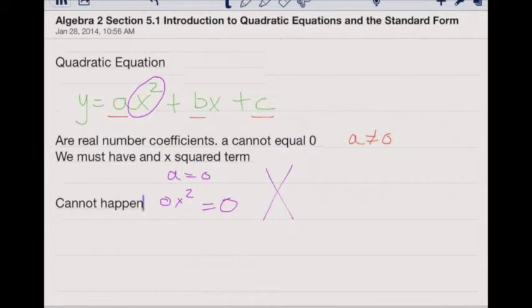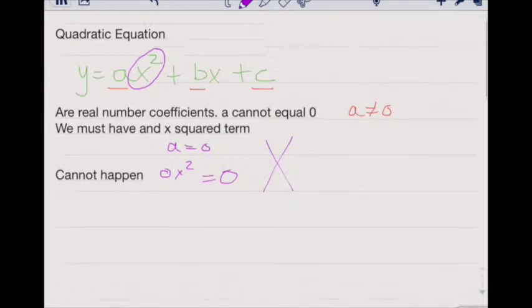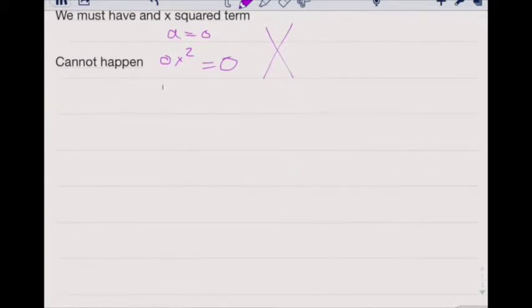So, moving on, we have a rough sketch of a graph. So we have our x-axis, we have our y-axis, we have our origin at 0, 0.